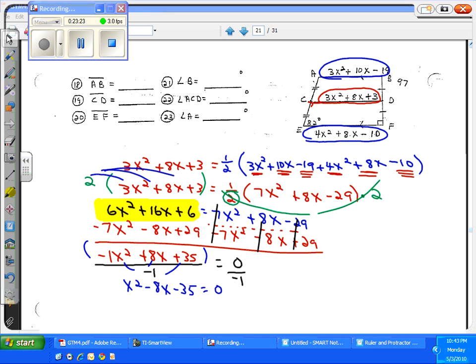That means we can look for things that multiply to give you 35, which is only 5 and 7, and add to give you 8, and there's no way that's going to work, which means that this is not a factorable quadratic. So you can't factor it using the easy method when a is 1. You can't factor it using the AC method. You're going to have to use the quadratic formula, and we're going to get not so pretty answers, which is fine to have.